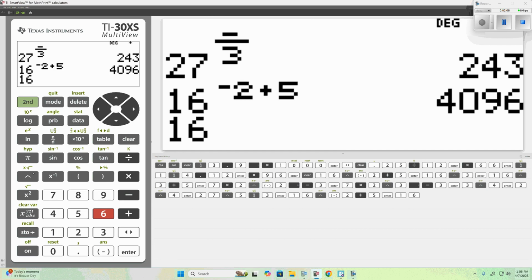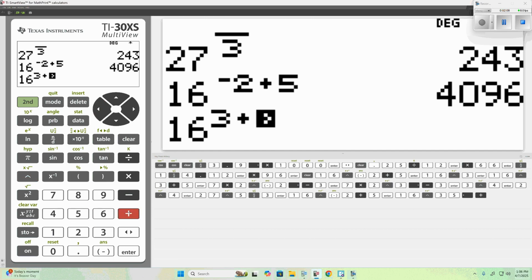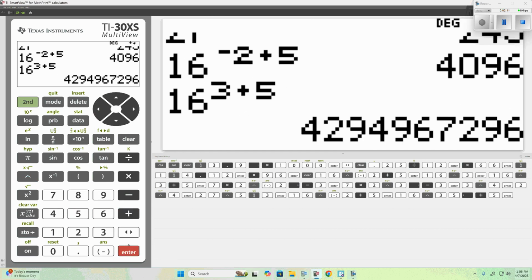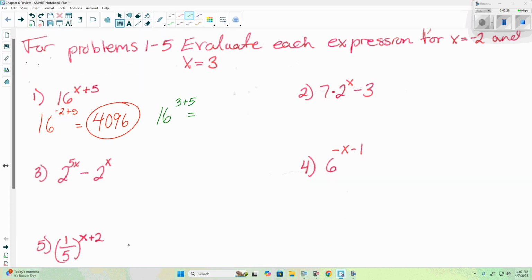So 16 to the 3 plus 5 is 4,294,967,296. Yes, that's the answer. How did we get that?